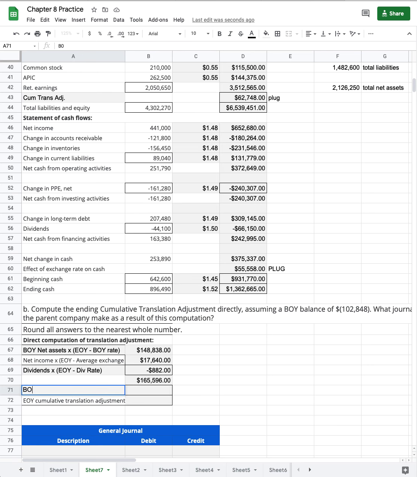Then we'll list our beginning of year cumulative translation adjustment. And that was given here, 102,848. And we get an end of year cumulative translation adjustment of 62,748.